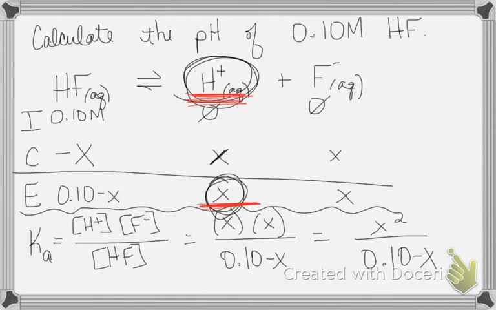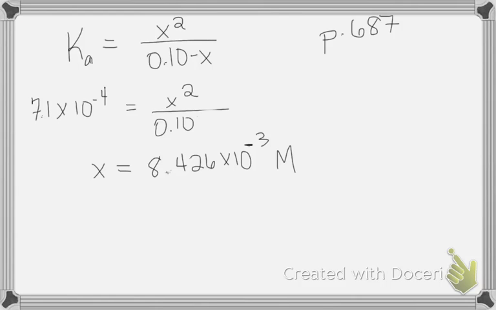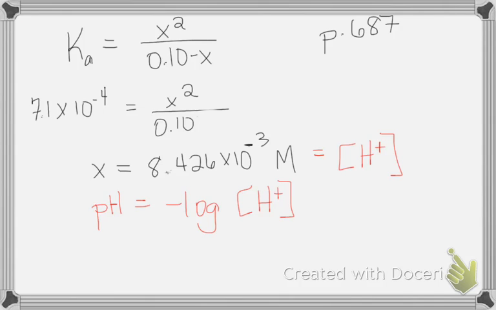The problem said calculate the pH. How do I calculate a pH? pH is the negative log of H. So for this one, isn't the pH going to be the negative log of whatever I get for X? Yeah, I got 2.07.